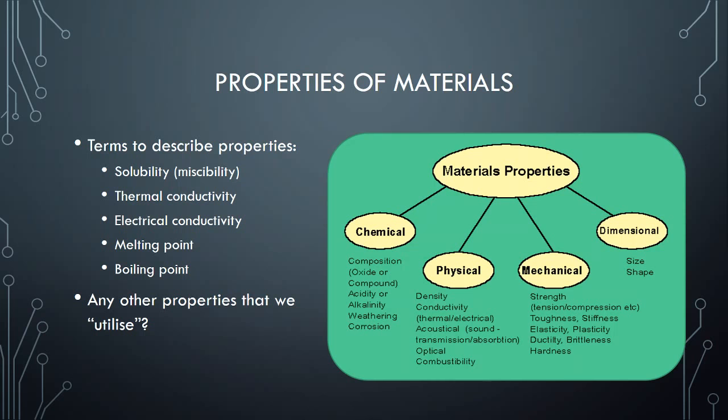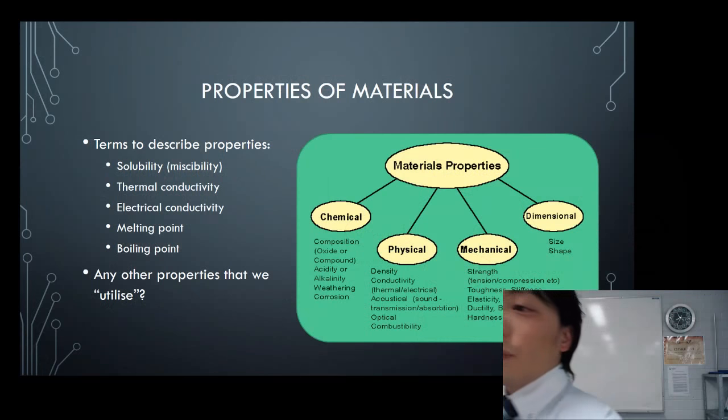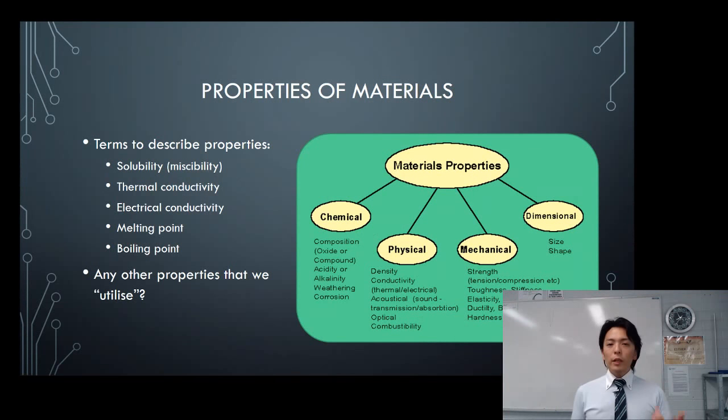Any other properties that we utilize? That was a question I was going to ask. So write down the question: any other properties that we utilize to make things or do things or make our lives possible? Think of a property that is a chemical property. It could be a physical property, or a mechanical property, like the shape of things.